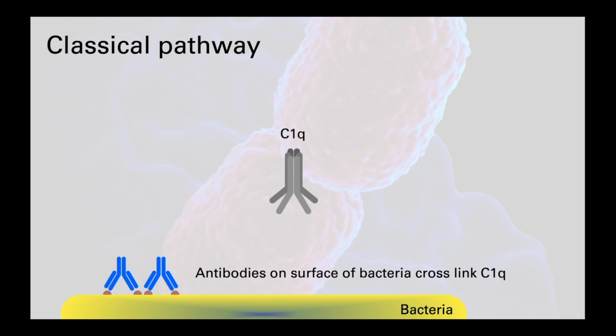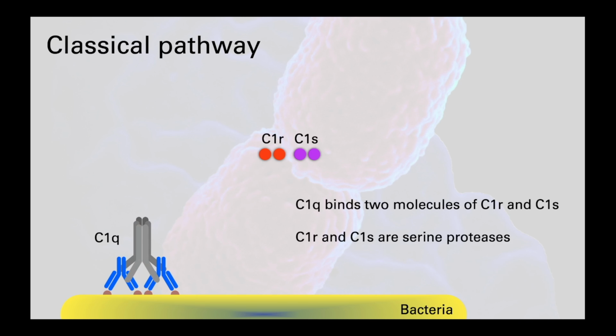The classical pathway is initiated by a molecule called C1q, which during an infection can bind directly to a small number of bacterial surfaces via the acute phase protein C-reactive protein, or CRP, but most commonly by cross-linking the Fc regions of antibodies that have bound to epitopes on the bacterial surface.